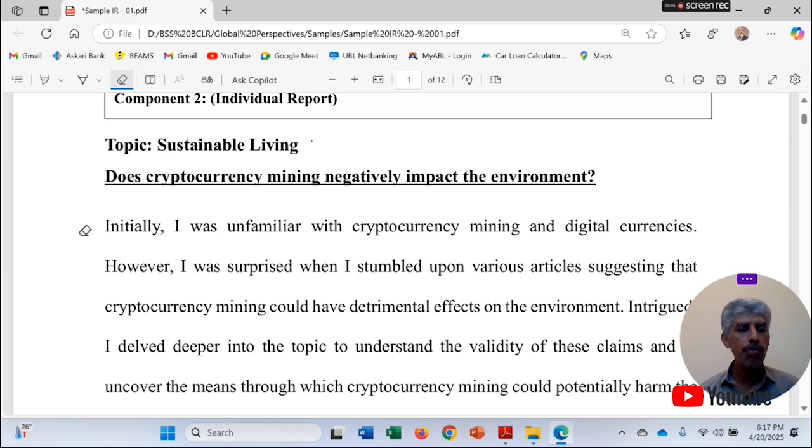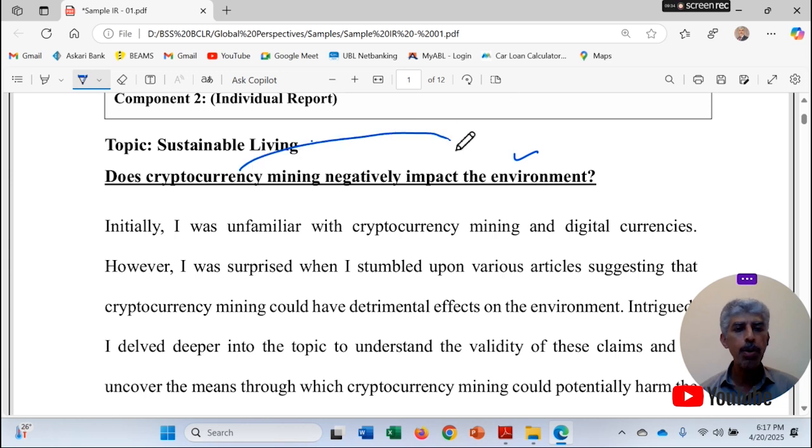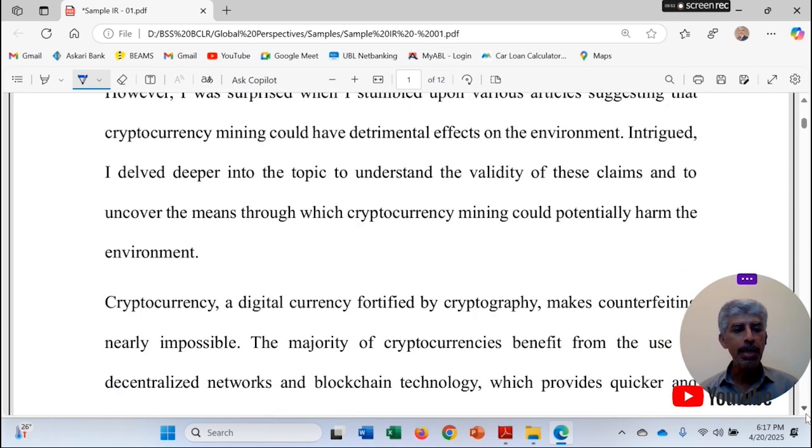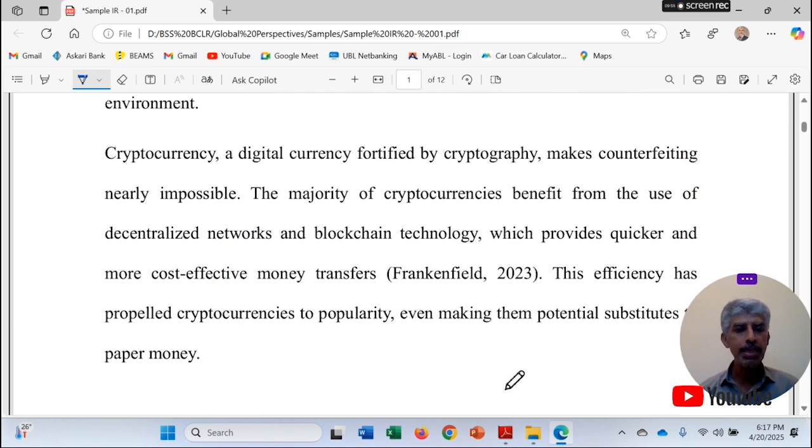If I talk about this particular question, cryptocurrency is the complex term which is related to the environment, and we will find out how cryptocurrency is in relation with the environment. So first you are supposed to explain what cryptocurrencies are, and then you are supposed to draw the impact, or the relationship, between the cryptocurrency and the environment.